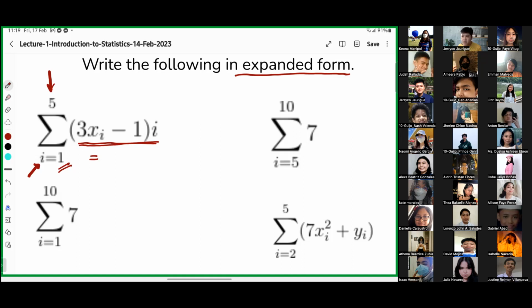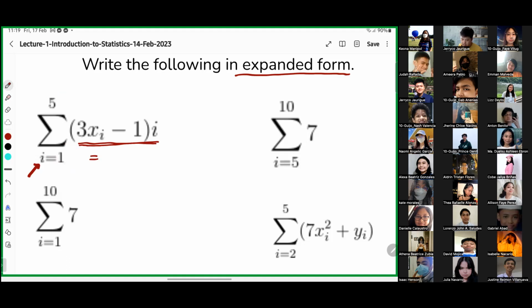From what number up to what number? From 1 up to 5. Alright, so ayun ang papalitan natin.